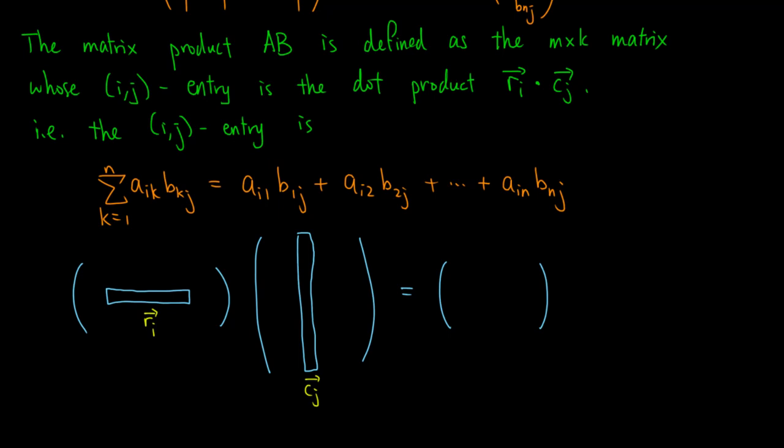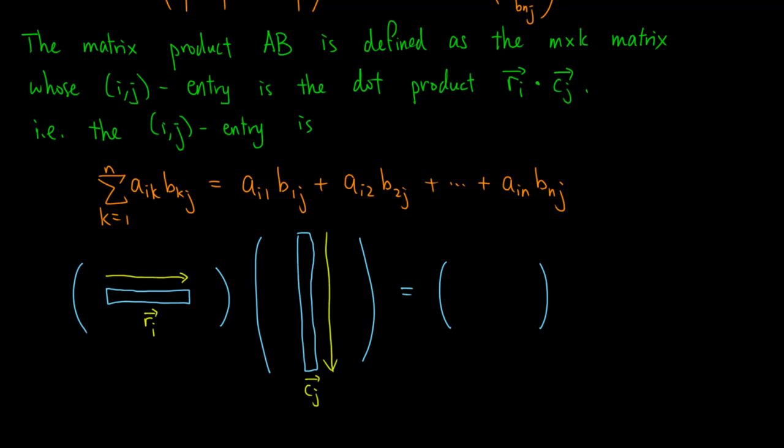When we take the dot product Ri dot Cj, we can imagine rotating the column Cj anti-clockwise by 90 degrees and overlapping it with the row Ri. Since we're taking the dot product, we start from the first entry in each vector and move to the last entry. So for Ri, we go from left to right, and for Cj, we go from top to bottom.